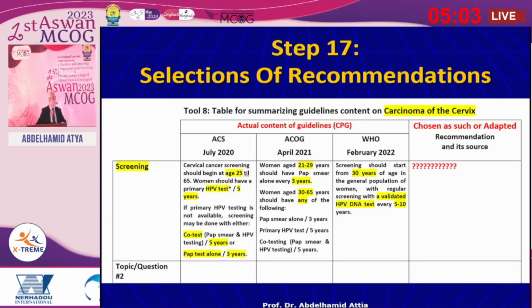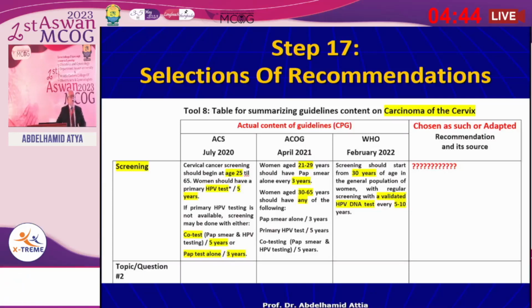What did the WHO say? It said screening should start from 30 years of age in the general population of women, with regular screening with a validated primary HPV DNA test every 5 to 10 years.